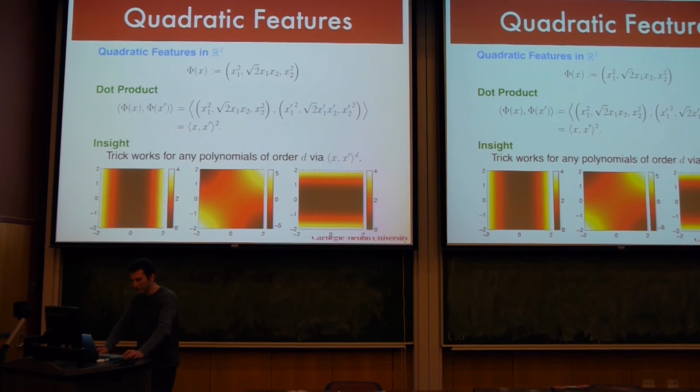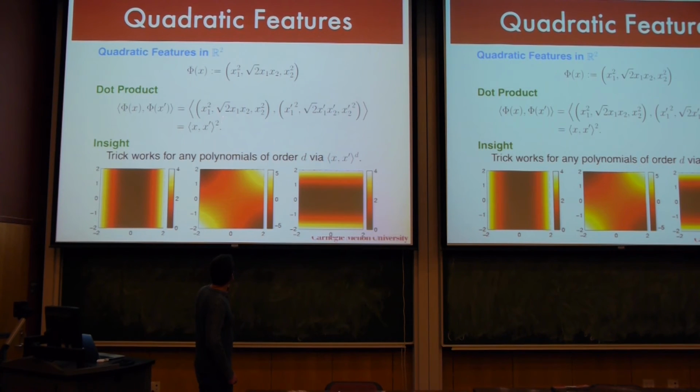Let's look at the quadratic feature. What we have is the vector x, which I can map to x1 squared, x1 x2, and x2 squared. Then I can take the inner product, and lo and behold, what I get is the inner product of the original data, squared.